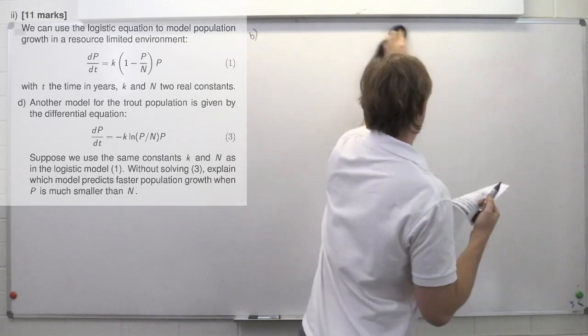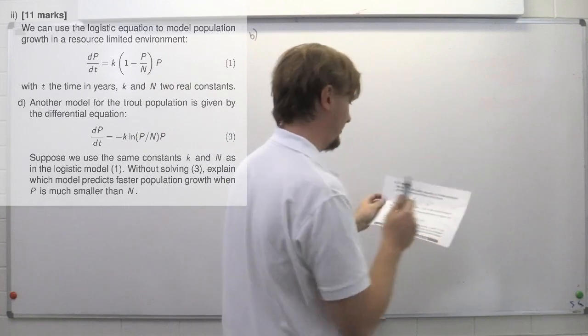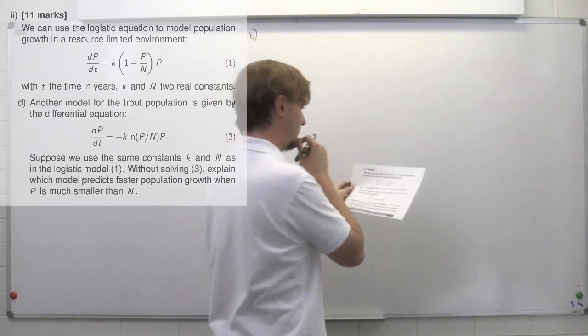But what you can notice is that these two models look very similar. They've just replaced that term, that 1 minus p over n, with this minus log.